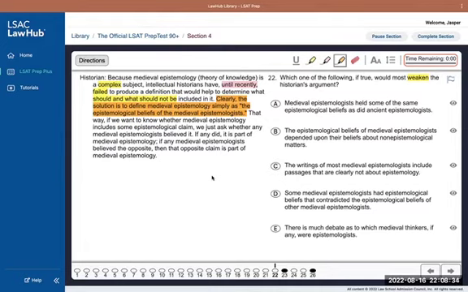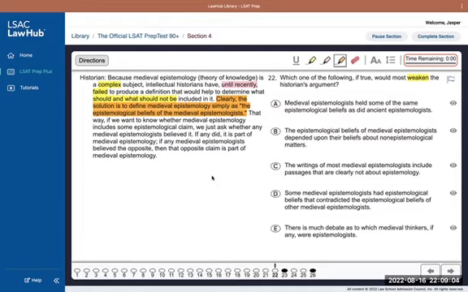Okay, so what they're doing here is they're saying, well, we don't have to worry about really defining the claims by their content. We're just going to define the claims based on who made those claims, right? So were they made by someone that we would label an epistemologist?